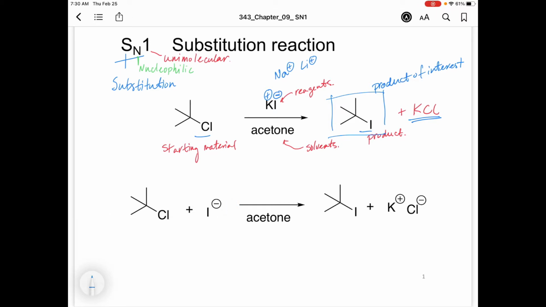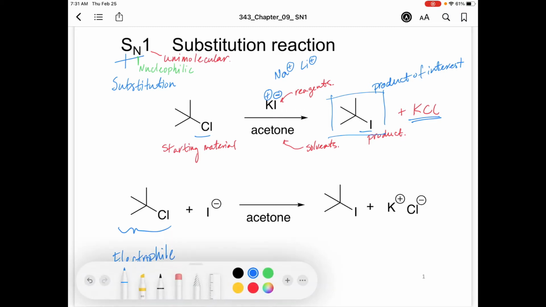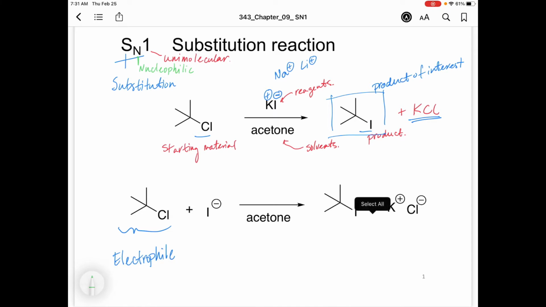I'd like to go over some terminology for reactions. In this reaction in particular, this alkyl chloride would be the electrophile. Our iodide here would be the nucleophile.